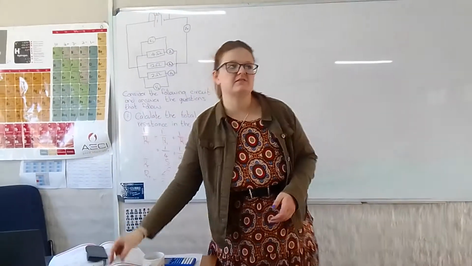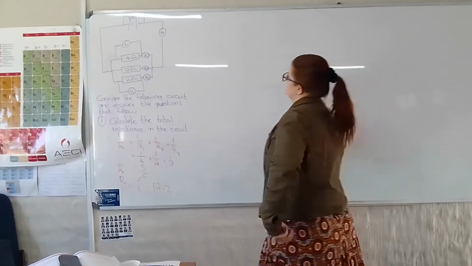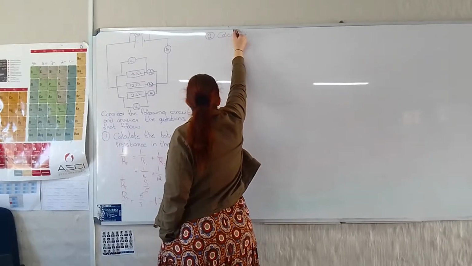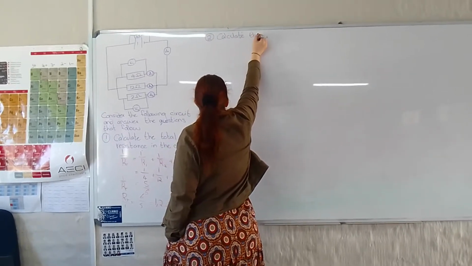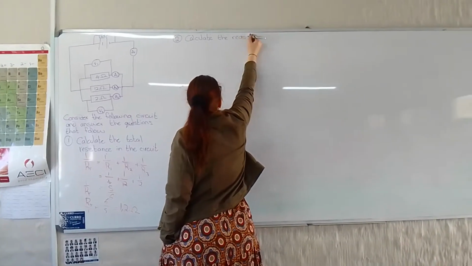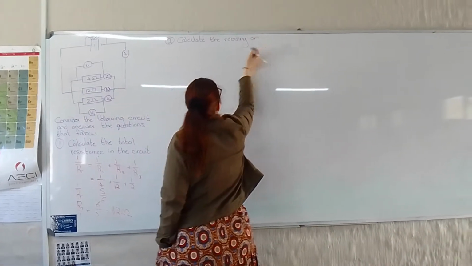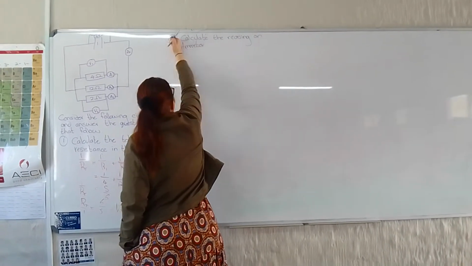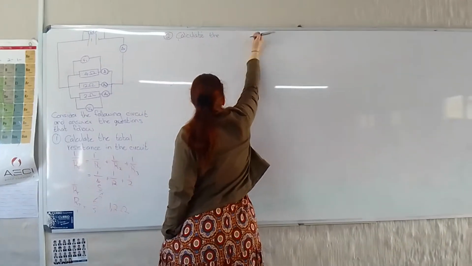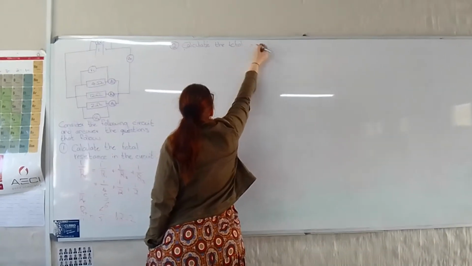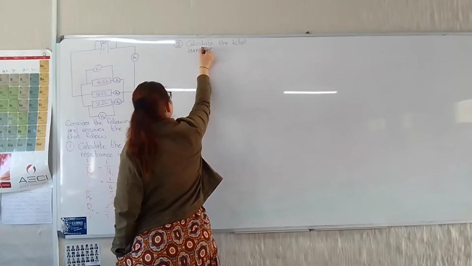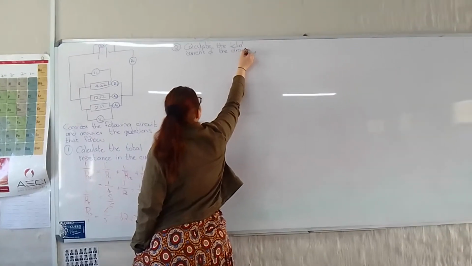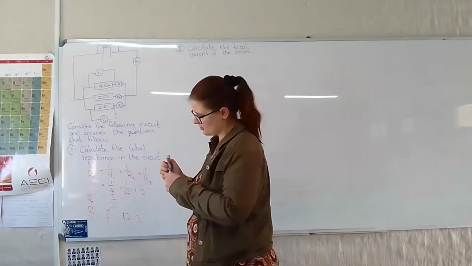Question 2 says, calculate the reading on ammeter A1. Actually, let's rather say, calculate the total current of the circuit. So how do I calculate the total current of my circuit?